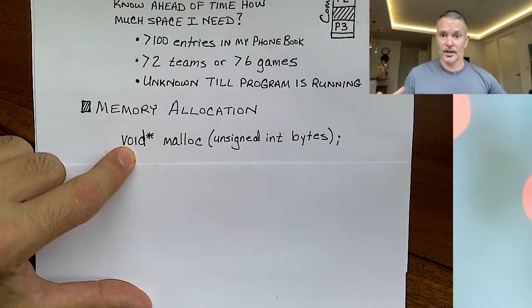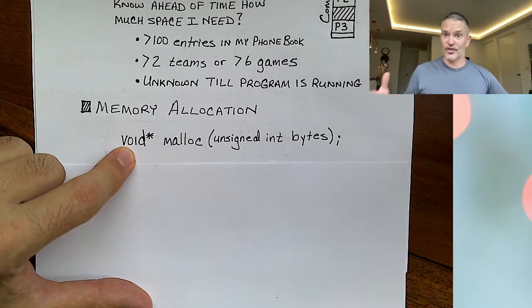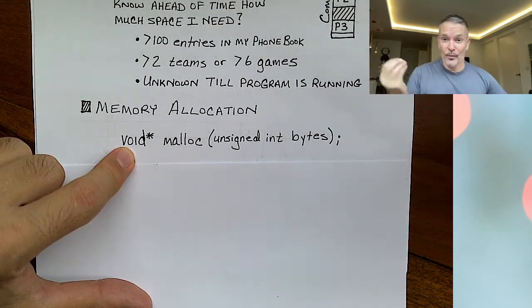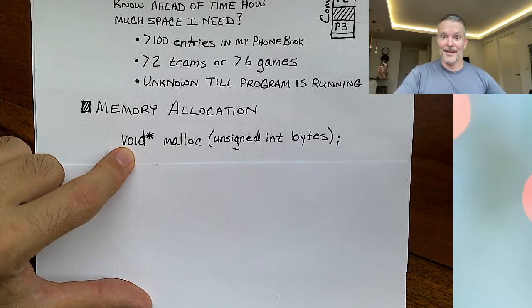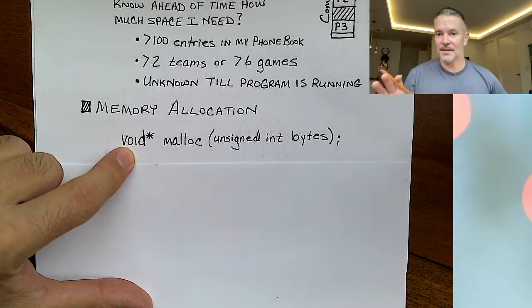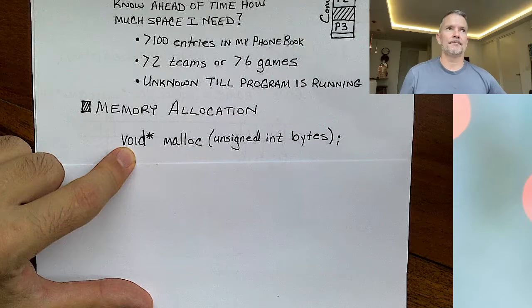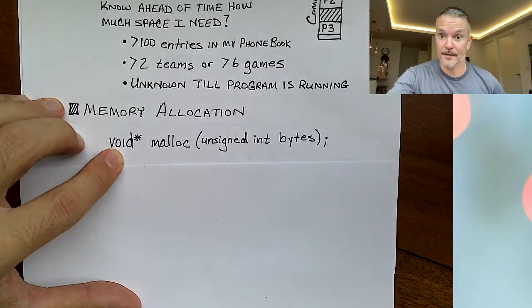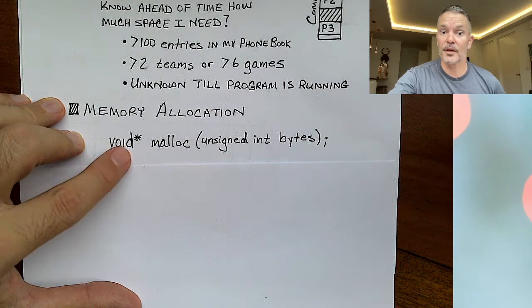So we're not declaring that we're going to use it as integers or a structure or a character. We're just saying, I want a pointer to an area of memory, and I'm not making any assumptions about what will be in that area of memory. This is the purpose of a void pointer.